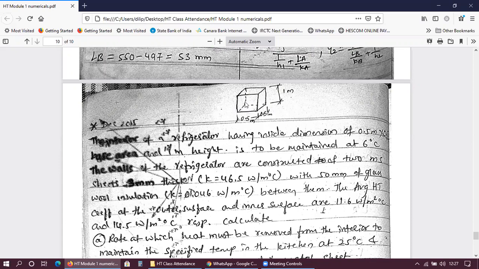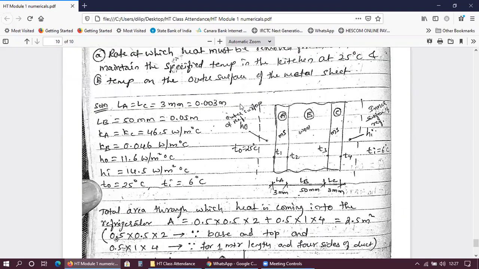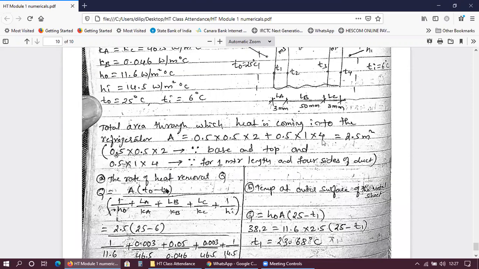So the total area through which heat is coming is 0.5 into 1 through 4 sides. This indicates 2 sides, top and bottom, whereas this indicates 4 sides. Hope you are getting this.